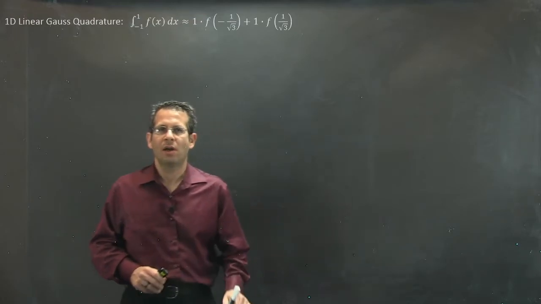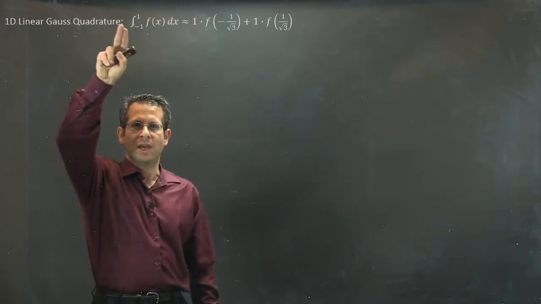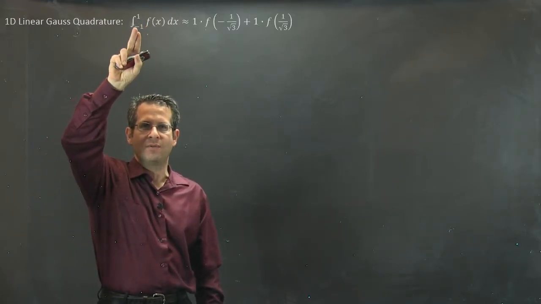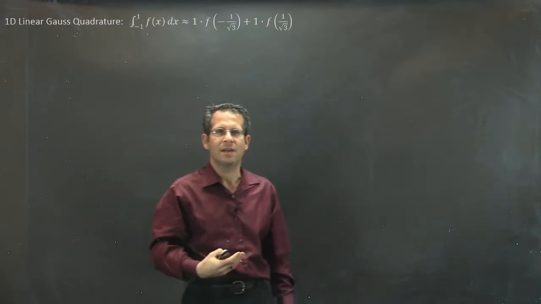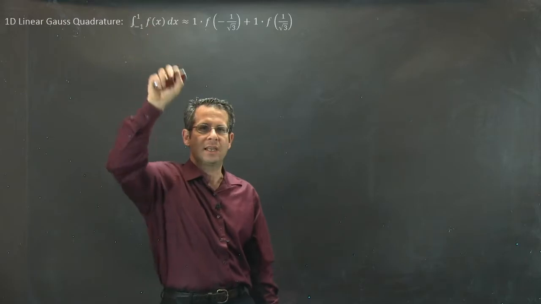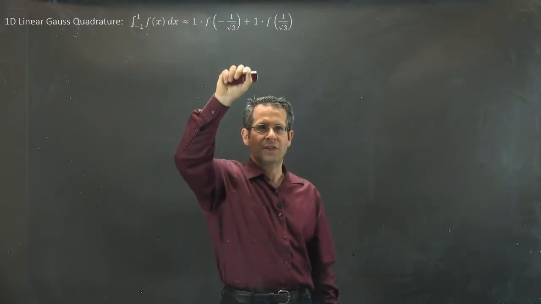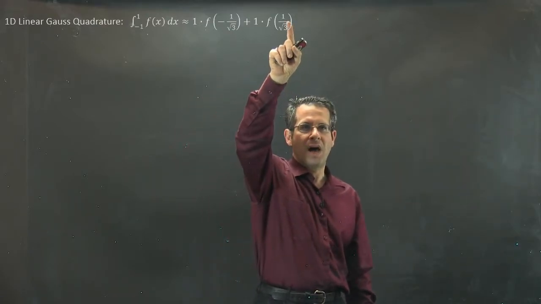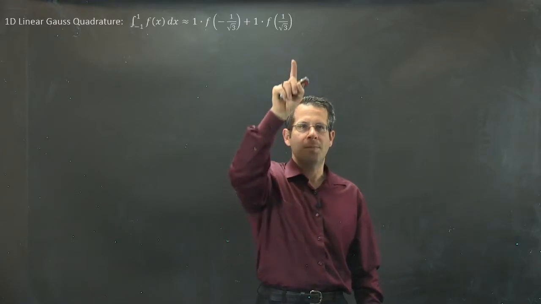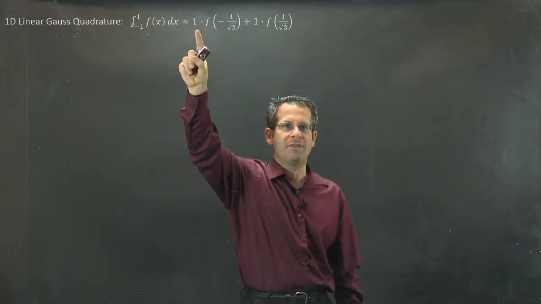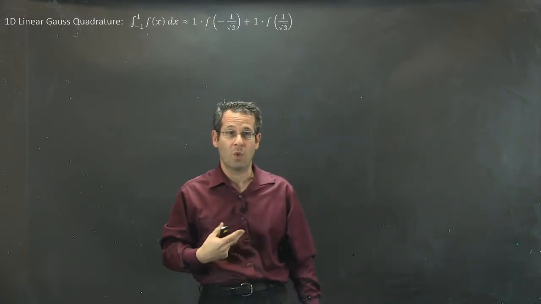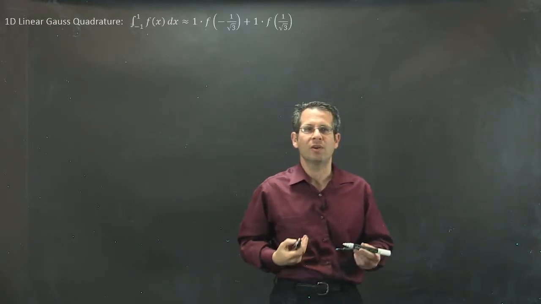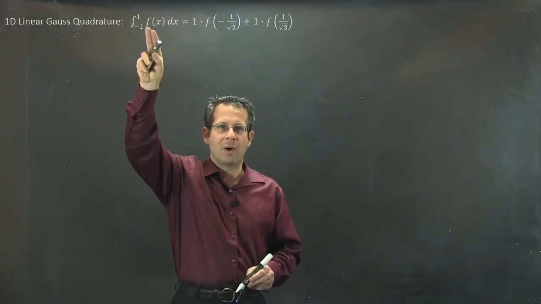And as you'll recall, what we found was if I want to integrate some function f of x evaluated in the domain from -1 to 1, we could find a reasonable approximation to this integral by evaluating our function first at -1 over the square root of 3 and again at the positive 1 over the square root of 3, multiplying our function evaluations by weighting factors, which turned out to be just 1, and adding those two values together. And this turned out to be a reasonable approximation to our integral.